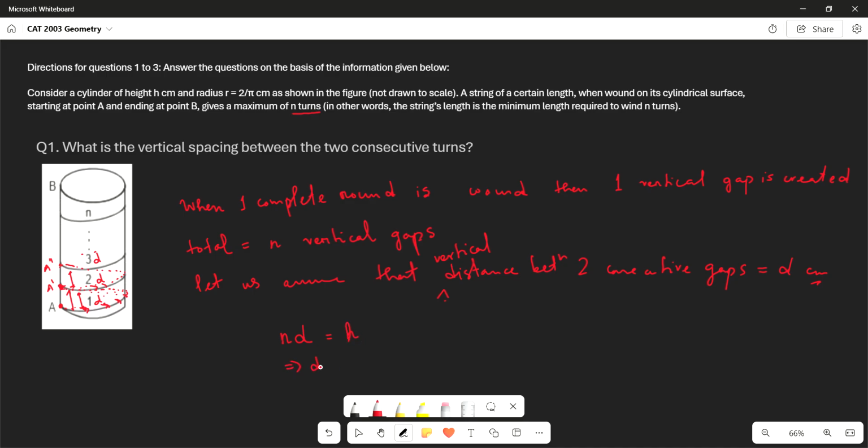So the vertical distance will be equal to h by small n centimeters. Okay, this one was moderate. I won't say easy, but it's easier compared to the next two questions. Alright, so this is our final answer, h by n. So what is the vertical spacing between two consecutive turns? It is h by n centimeters.